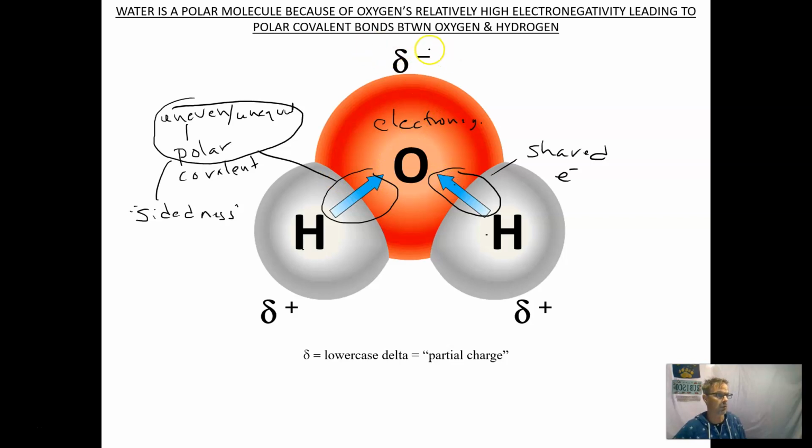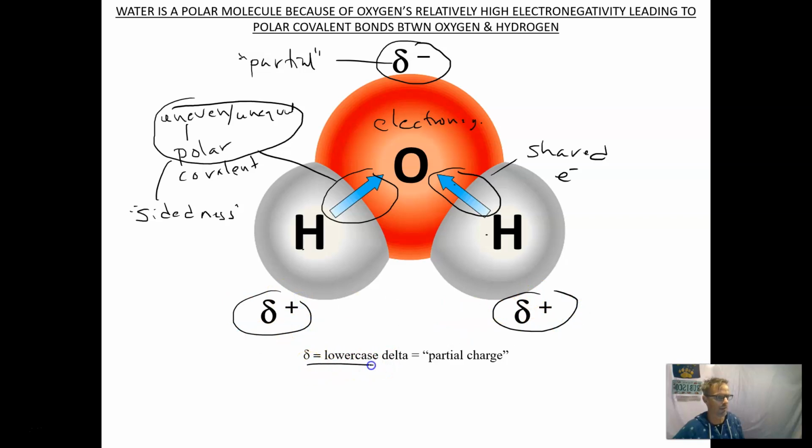Consequently, this water molecule has a partial negative charge. This here is read as partial, and I think it's a lowercase sigma. But this is a partial negative charge, and then a partial positive charge down here.